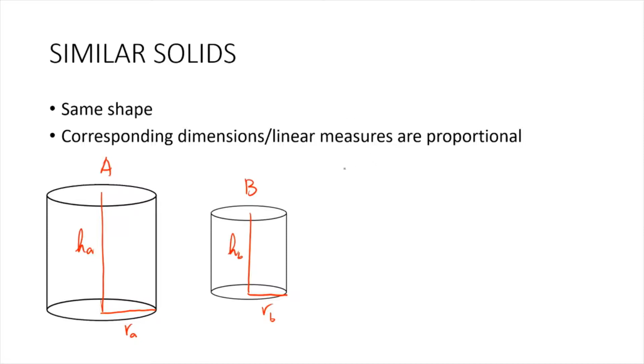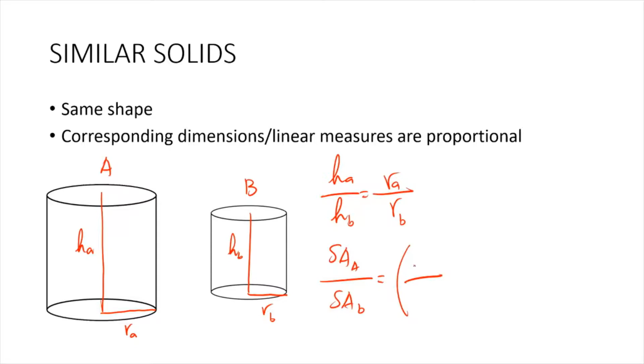They are similar if the ratio between the heights is equal to the ratio between the corresponding radii. In addition, if we take the ratio between the surface areas, this must be equal to the square of the ratio of the linear measures, or the corresponding dimensions.